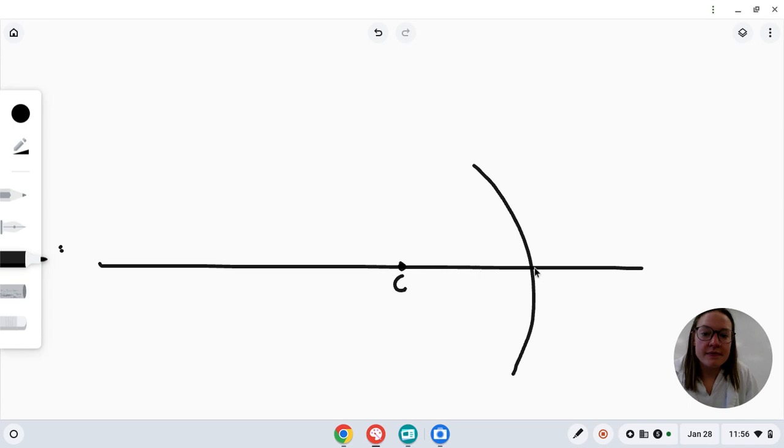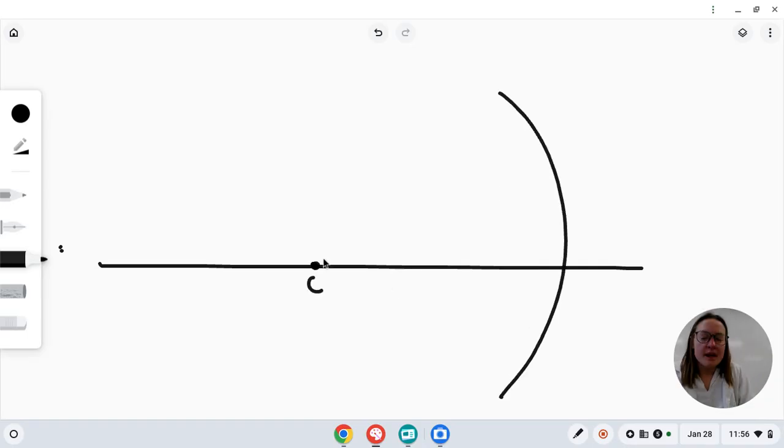Then you're going to measure the halfway point. Actually, I kind of want my center of curvature bigger for this one. Wow, so sorry everybody. I'm going to go here for C, then I'm going to go here. Okay. Now I want you to measure the halfway point between your center of curvature and the vertex of your mirror. Label that as your focus here.